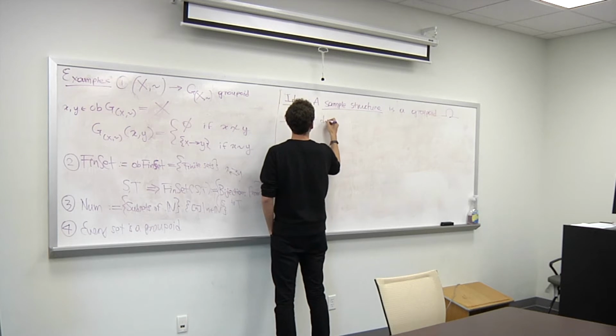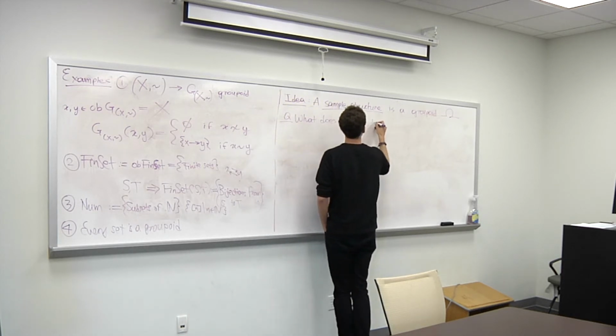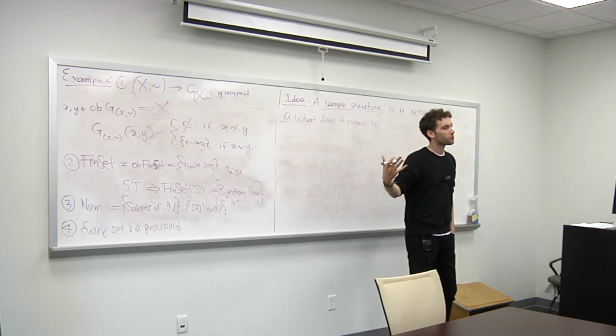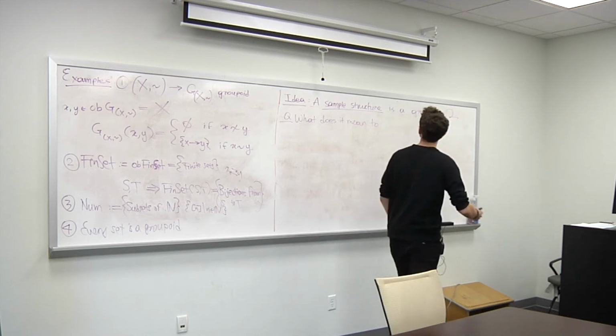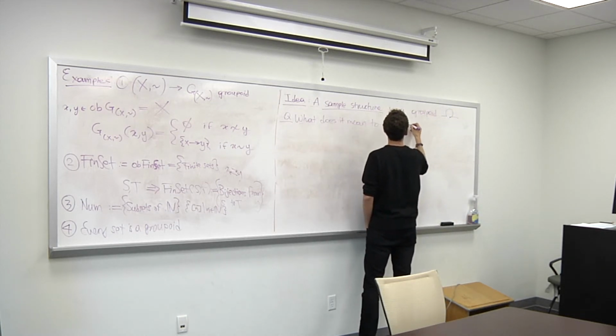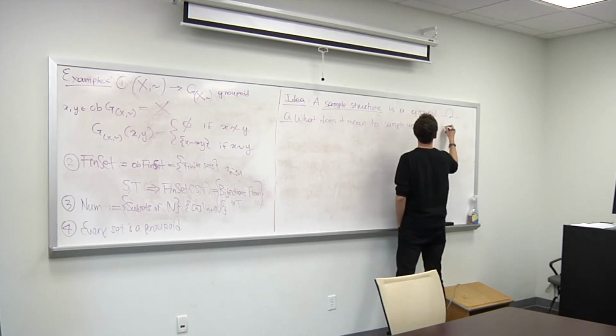What does it mean to sample uniformly from omega? Surely if we're going to do some kind of probability in this setting, we need to have such a notion.